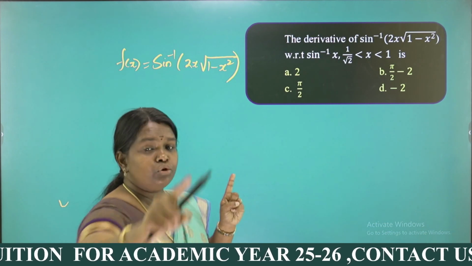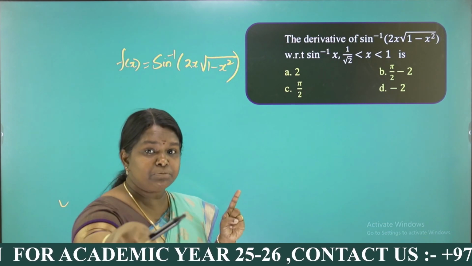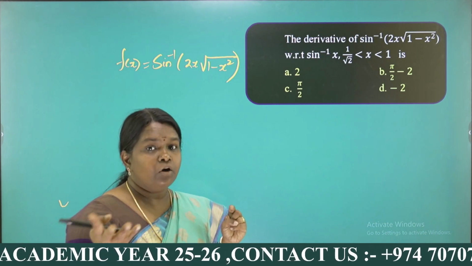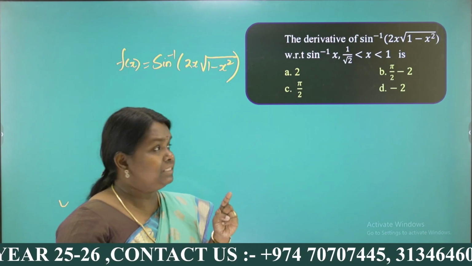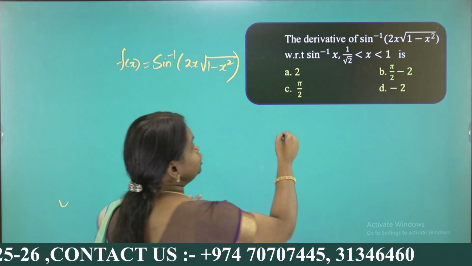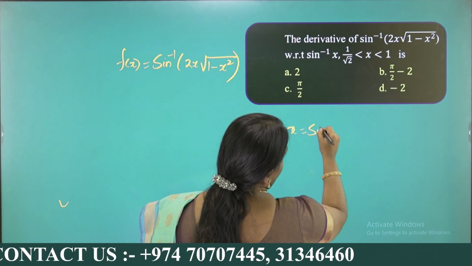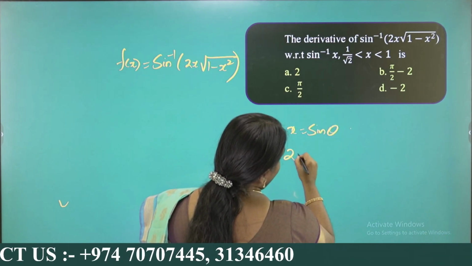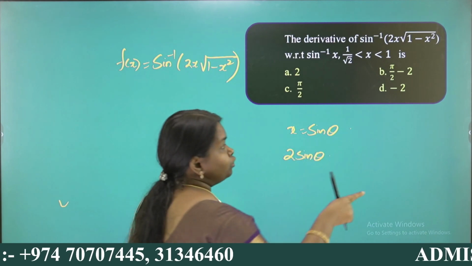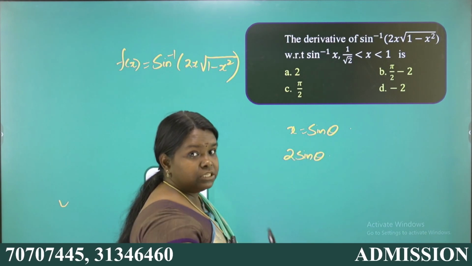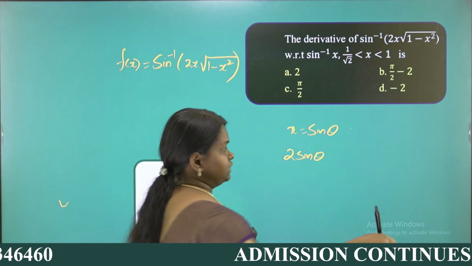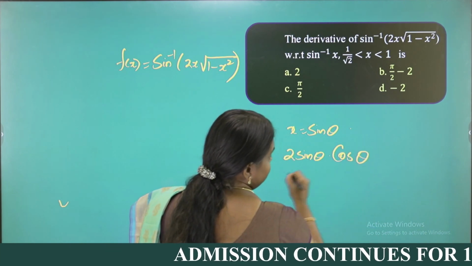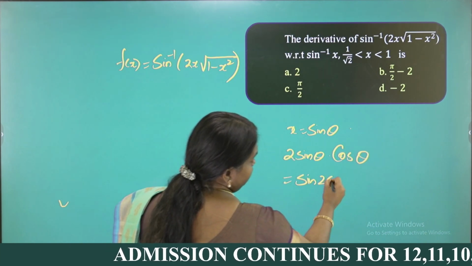Sine inverse of 2x into root of 1 minus x square. What is the substitution that you have to make? Of course, x is equal to sine theta. When I substitute x equal to sine theta, I get 2 sine theta root of 1 minus sine square theta. Root of 1 minus sine square theta is root of cos square theta, that is cos theta, which gives sine 2 theta, right?